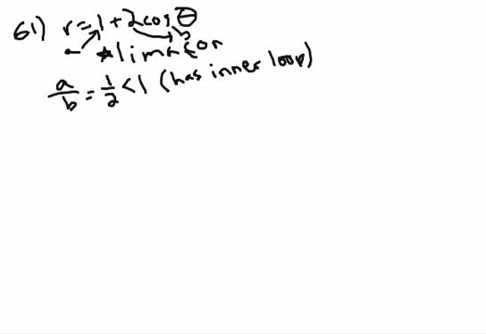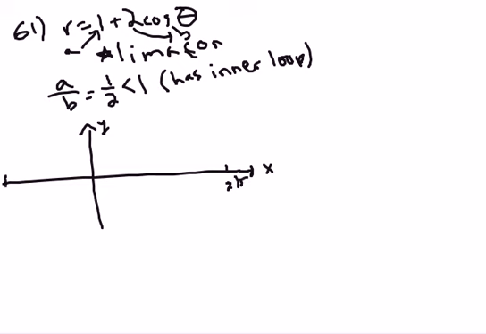So I'm just getting some information here. I'm going to graph this on a Cartesian graph first. This has a period of 2 pi, so I'm going to split this up into fourths. It has an amplitude of 2 because of this 2, but it's shifted up 1, so it actually goes up to 3.